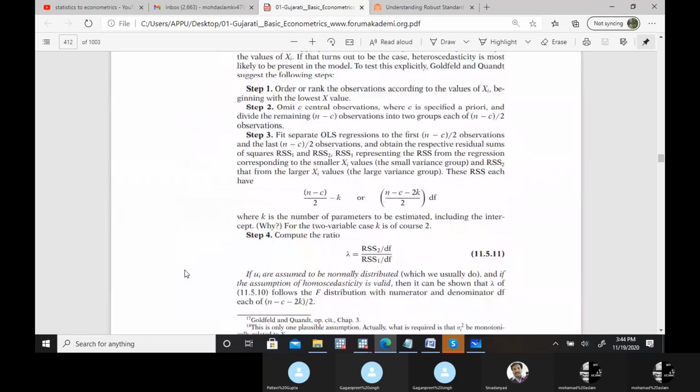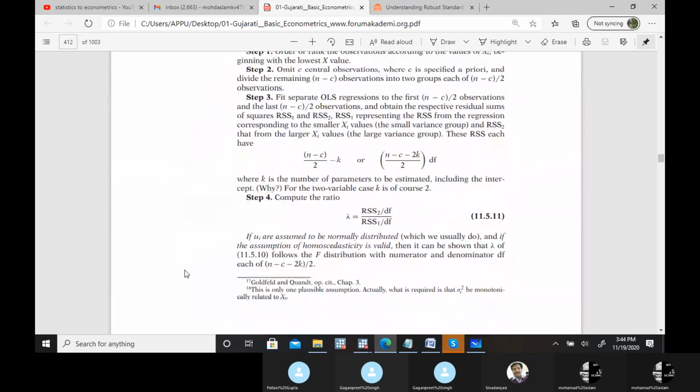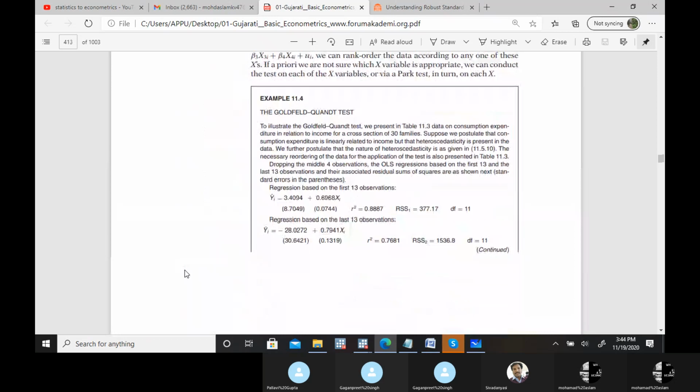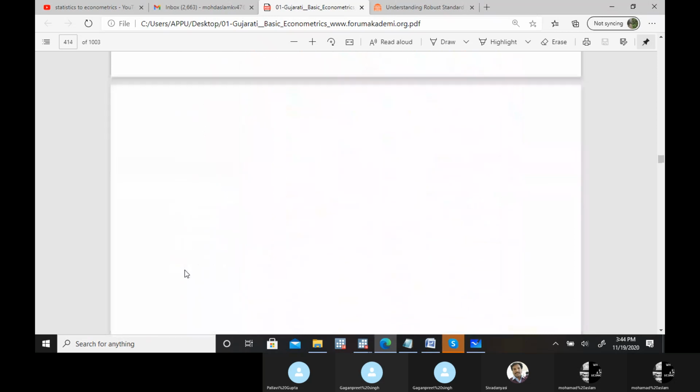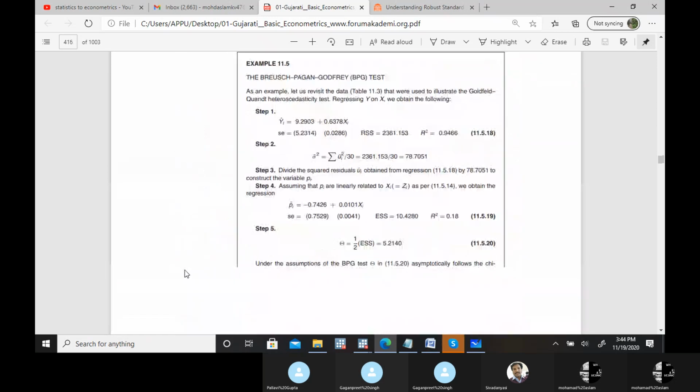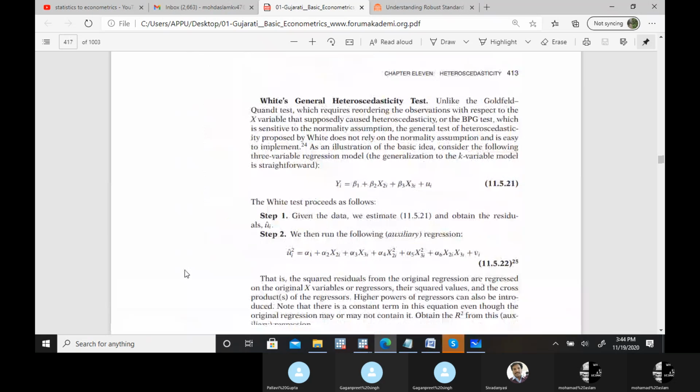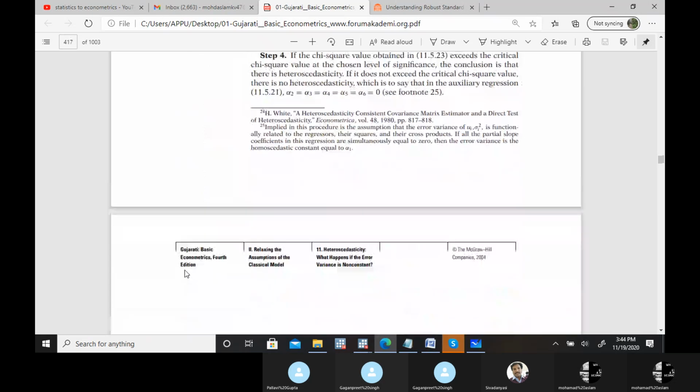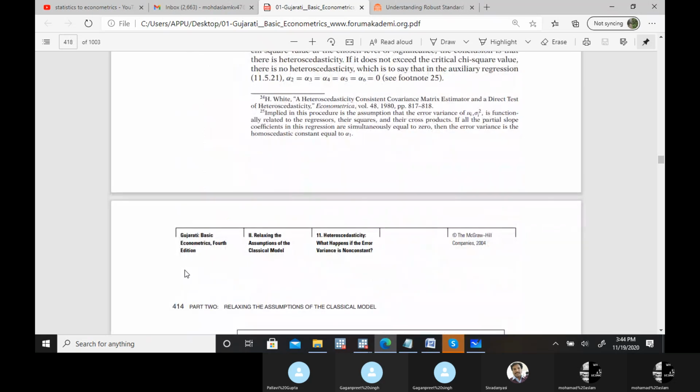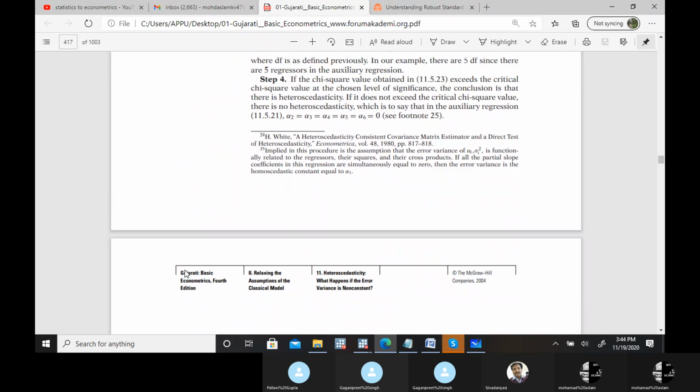So that's the problem heteroscedasticity will create. Then you might need to apply some remedial measures. In the theoretical sense, the remedial measure is to try to identify the factor which is creating this problem and get rid of that factor.